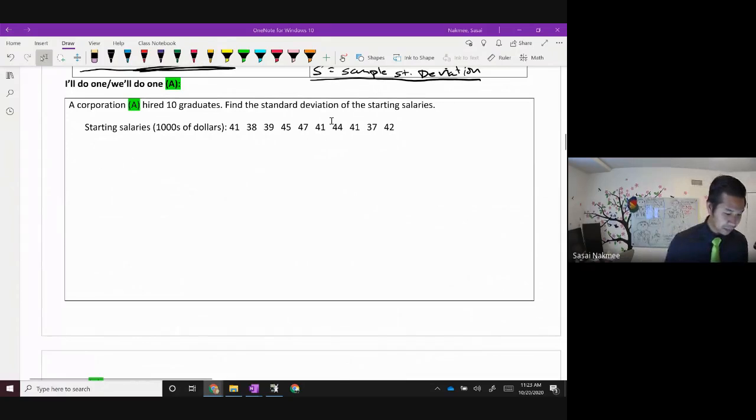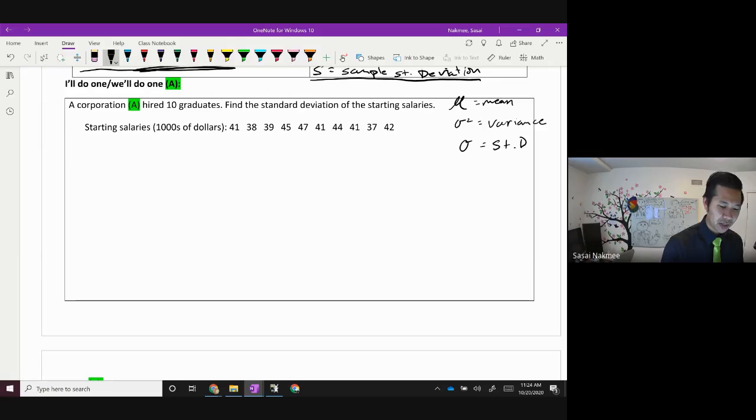Since I know it's a population, the symbols that we're going to be using now are mu for the mean, sigma squared for the variance, and sigma itself for the population standard deviation. So how do I calculate these? To calculate the variance, sigma squared, you have to use this formula from above.